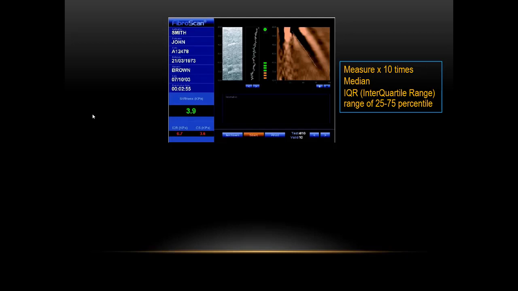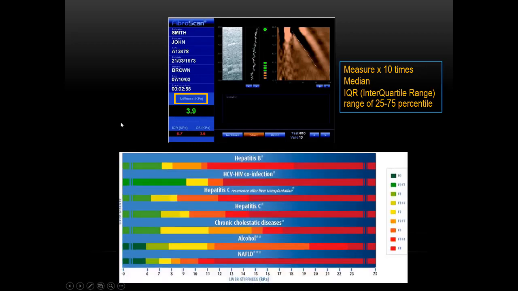The first generation of shear wave elastography is transient elastography, or FibroScan. FibroScan has a practical view. We just use a shear wave of 50 hertz, put the probe on the intercostal area, and the sound beam propagates into the liver. You measure 10 times and then calculate the median stiffness. It comes out at, let's say, 3.9, and then you just use the cutoff to interpret.